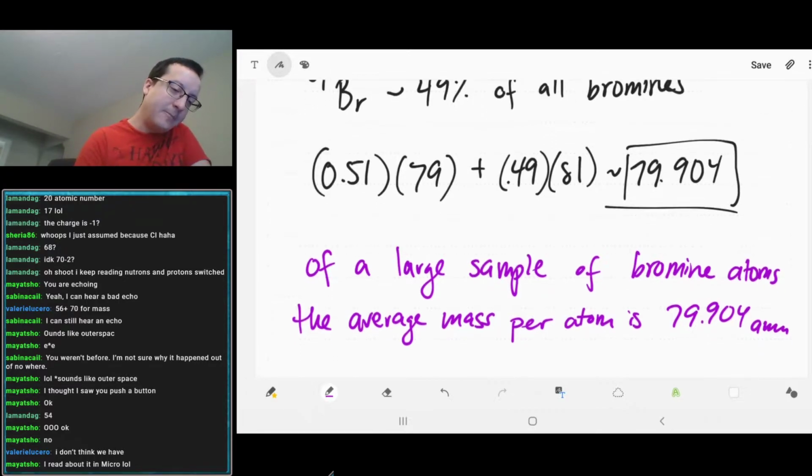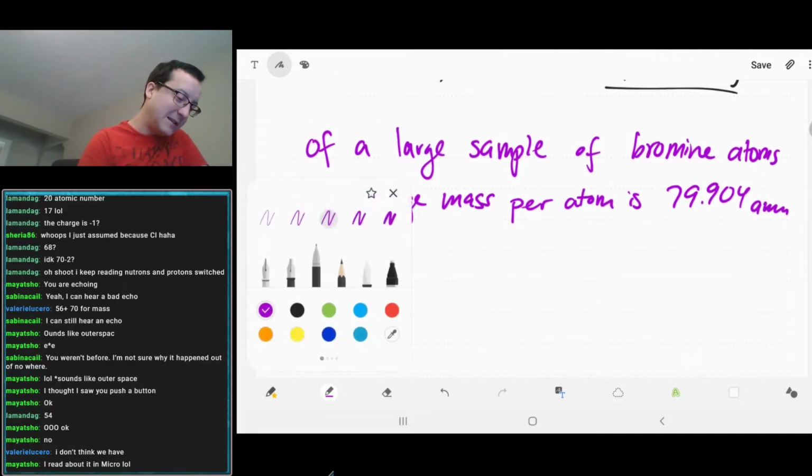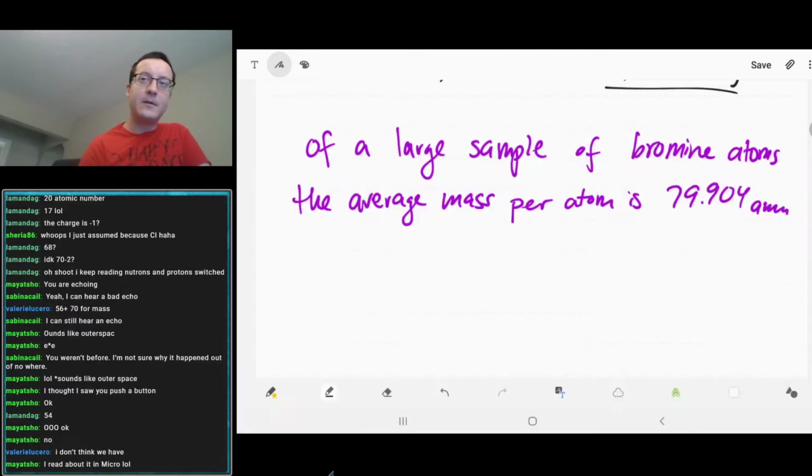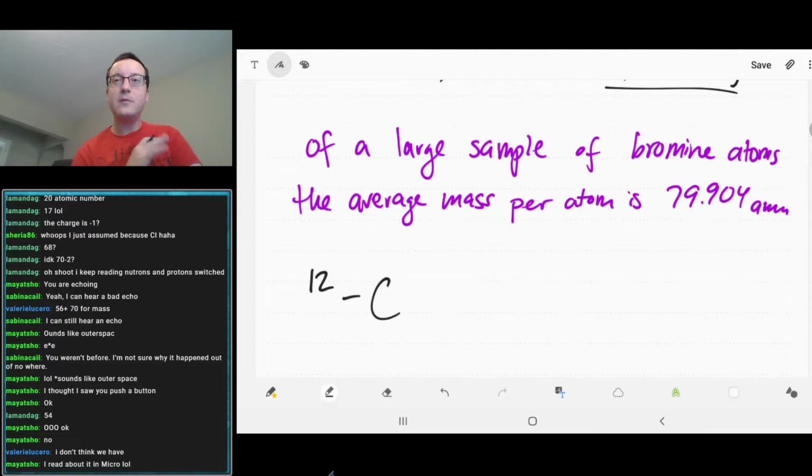So it turns out that in science we've defined a unit based on these atomic mass units. We've designed a real-life unit to correspond with it. So here is a definition for you.